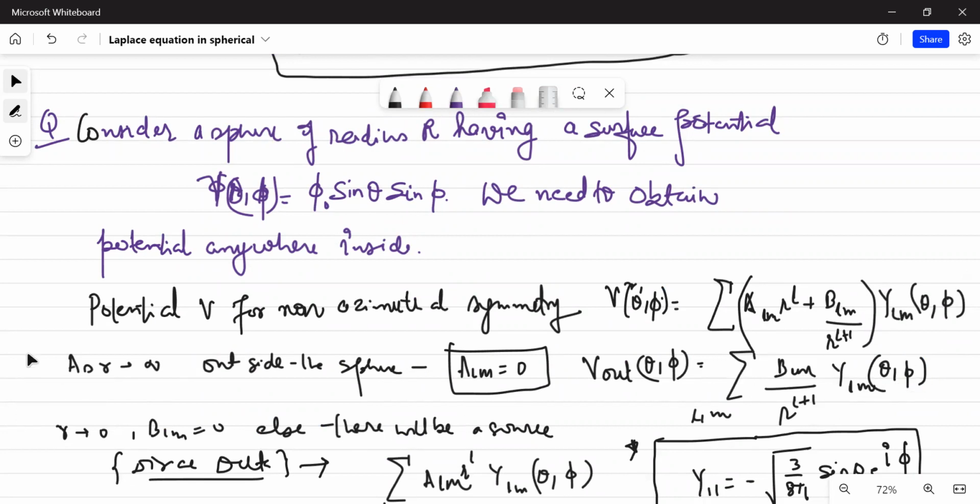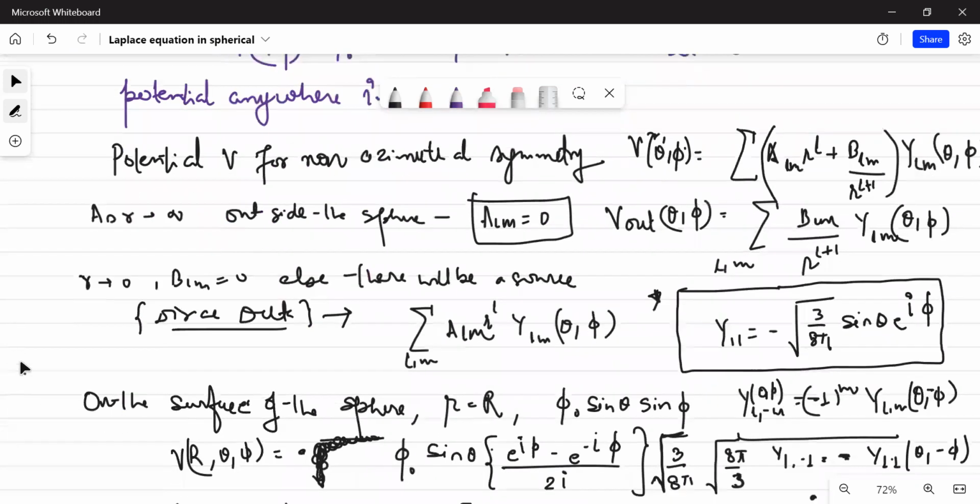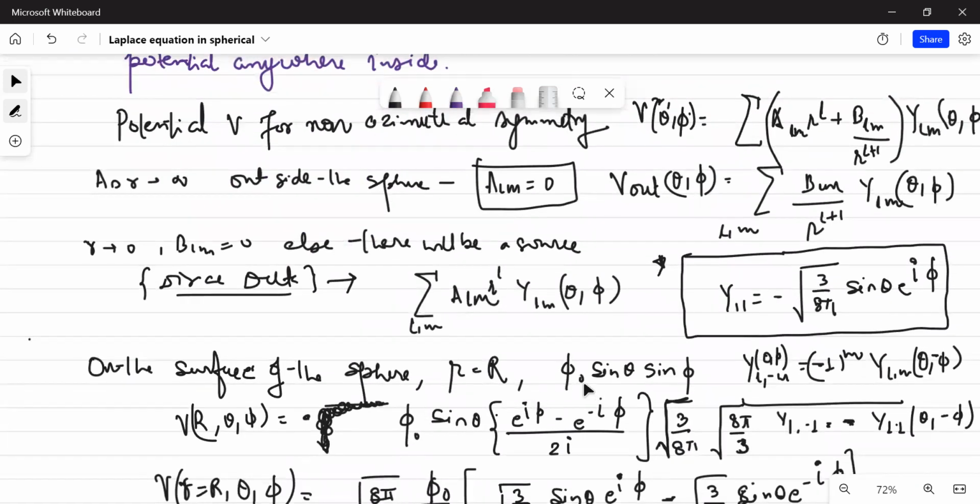Now, I'm saying that on the surface it is given by phi naught sine theta sine phi. So I am trying to write this sine phi in terms of spherical harmonics. Why? Because it will be convenient for me.